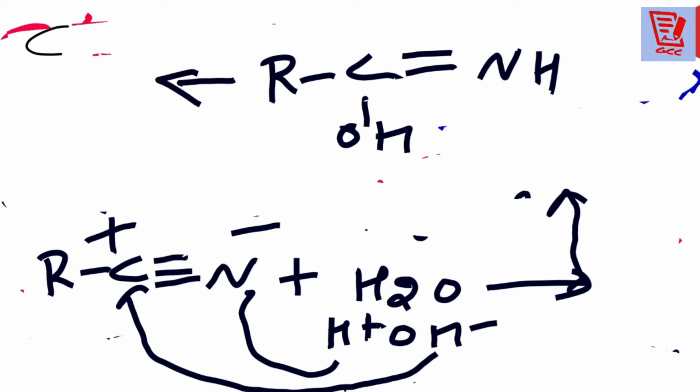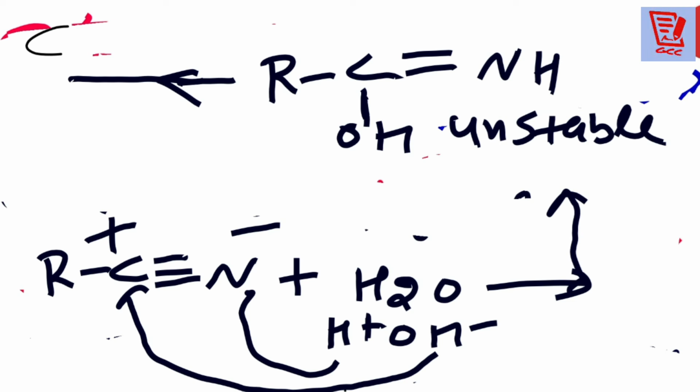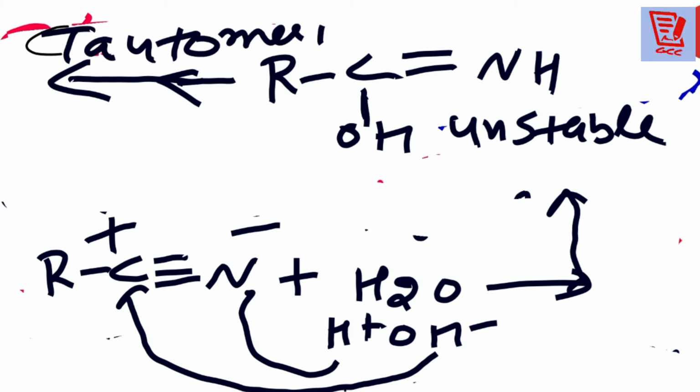And students just remember, whenever an OH group is attached to a double bonded carbon, it is always unstable. Then what to do? Here we will do tautomerization. Beta, tautomerization you have already done in class 11.